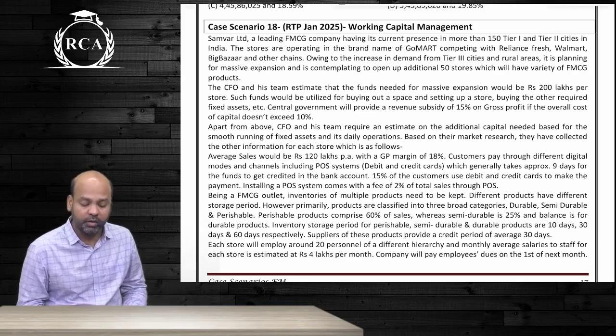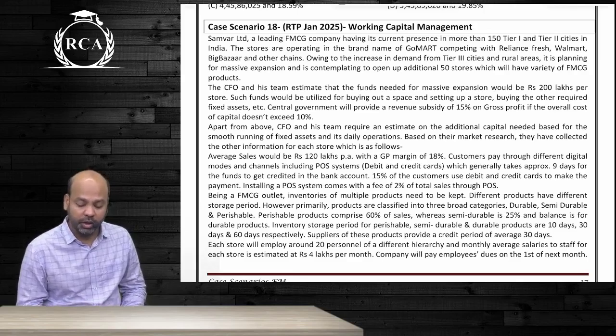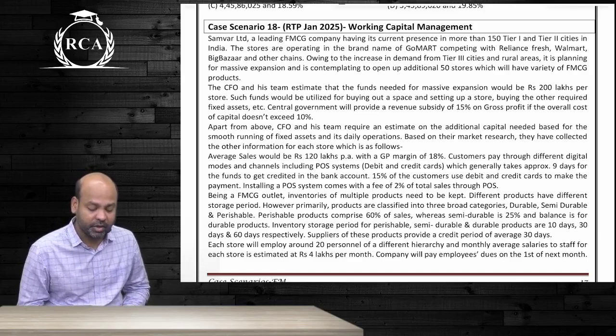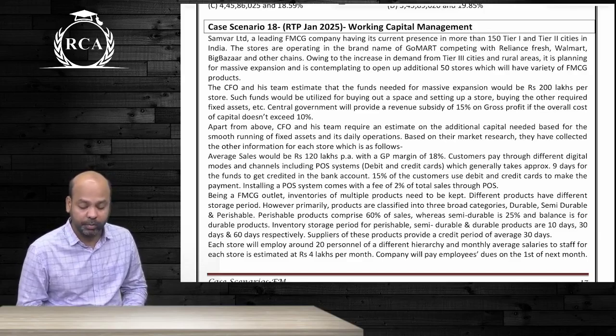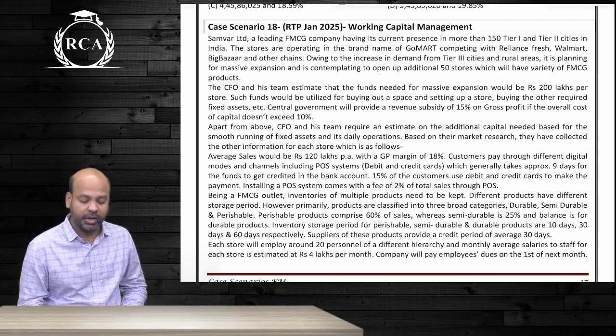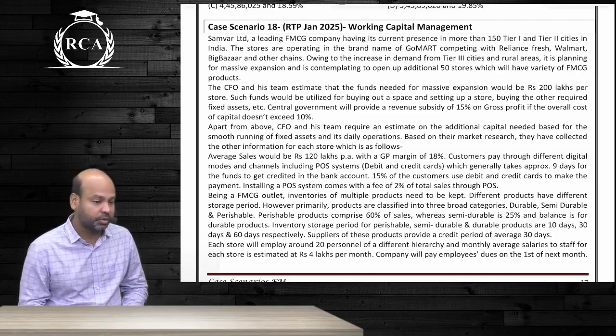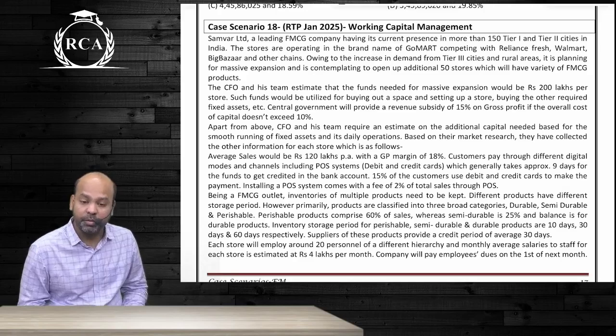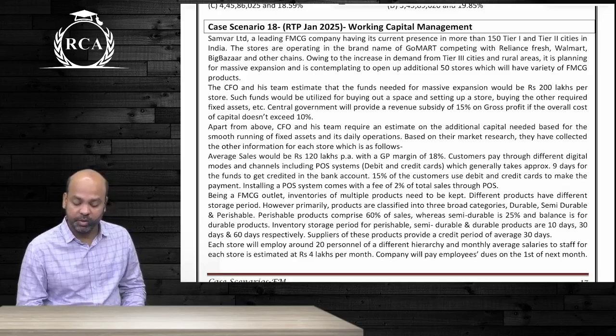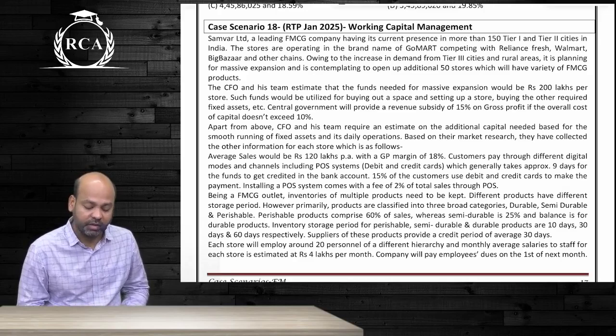Owing to the increase in demand from tier 3 and rural areas, it is planning massive expansion and is contemplating opening an additional 50 stores which will have a variety of FMCG products. The CFO and his team have estimated that the funds needed for massive expansion would be 200 lakhs per store. Such funds would be utilized for buying a space, setting up a store, and buying the other required fixed assets.